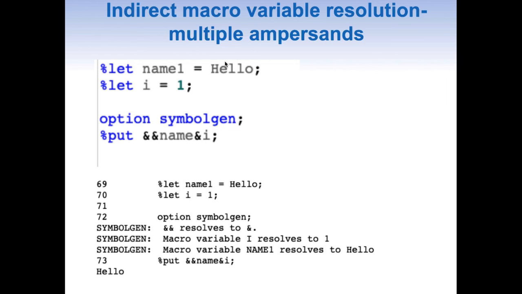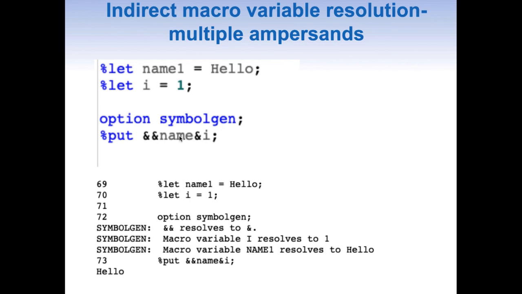Here the important thing to understand is that if we had used a single ampersand, it would have resolved immediately. Because we have used two ampersands, the macro variable has not resolved immediately, but it resolved when we wanted it to resolve.